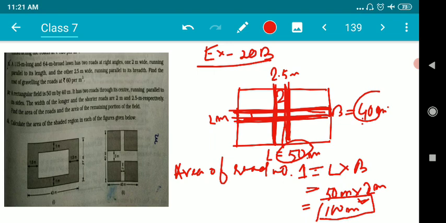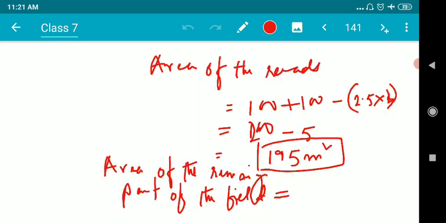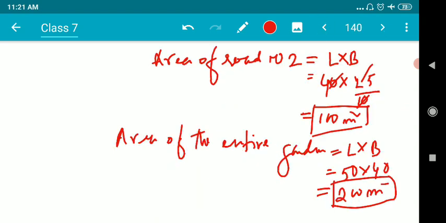The area of the first road was 50 into 2, 100 meters square. The area of the second road was 40 into 2.5, also 100. So I added 100 plus 100 to find the area of the roads, and subtracted the area of the crossroads center, giving 195. So the total area of the rectangular field without the roads is 200 minus 195. This is the area of the leftover portion of the garden. This is how we need to calculate.